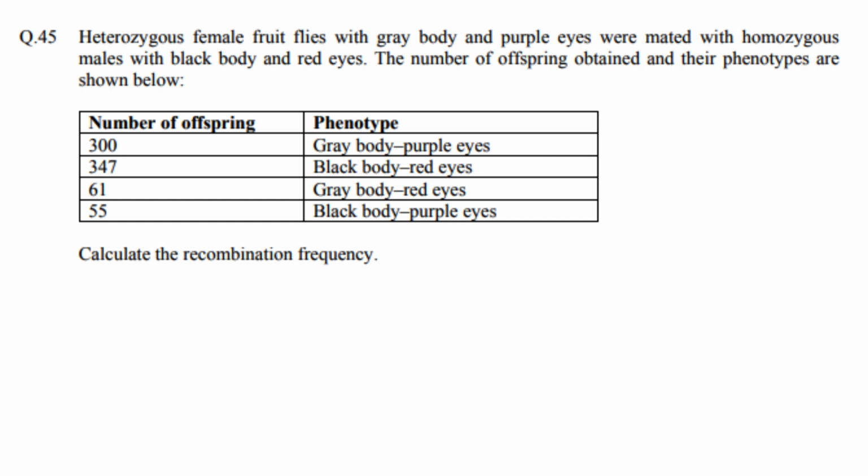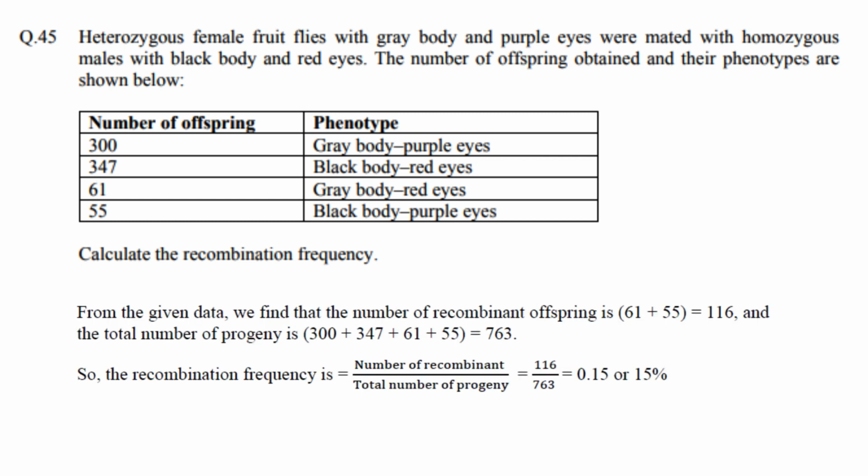Offspring that are exactly like their parents are classified as parental types. Recombinant types are those that differ from both parents. From the given data, we find that the number of recombinant offspring is 116 and the total number of progeny is 763. So the recombination frequency can be calculated using this equation, and that is 15%.